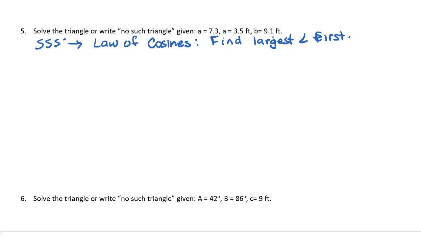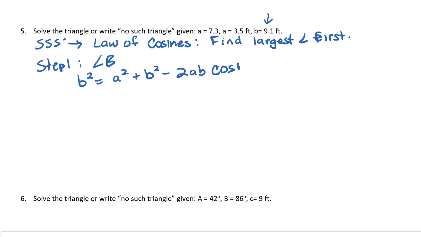So our longest side here is B. So in step 1, we're going to find the largest angle, and that would be angle B. So we're going to set this up using this version of the law of cosines. And I suggest that you do a little preliminary work before you go to your calculator.